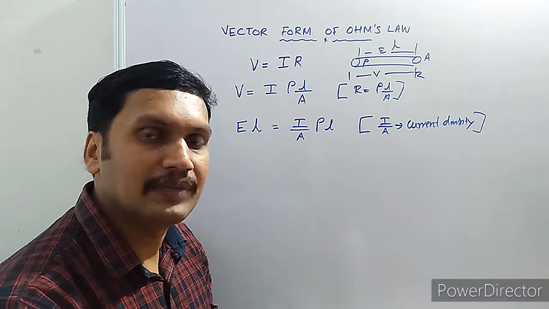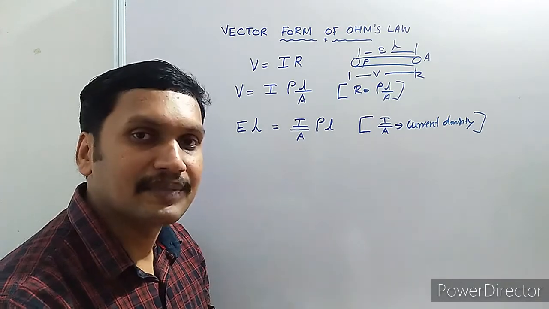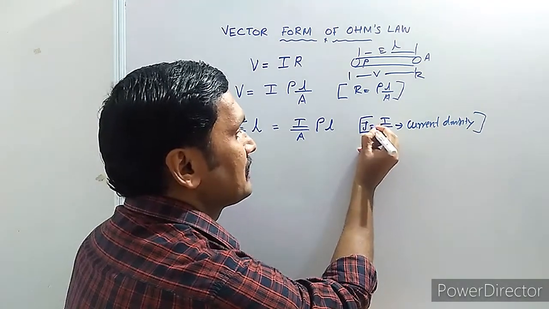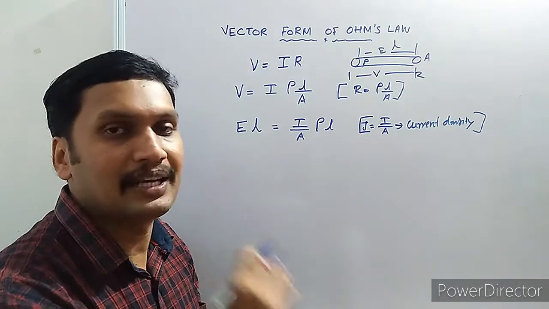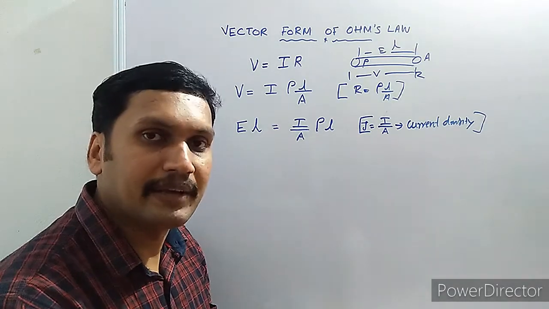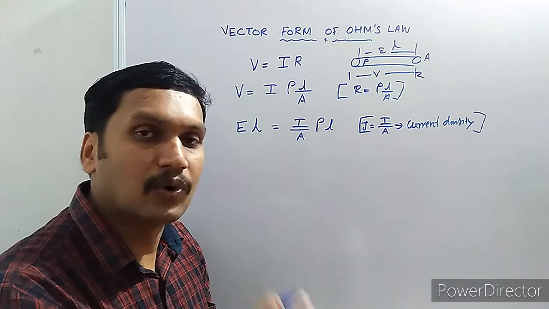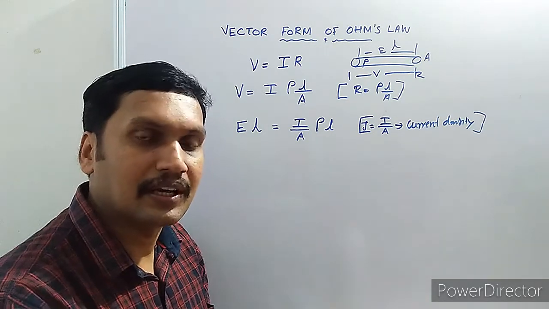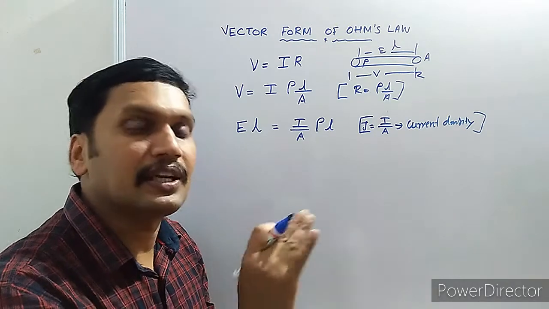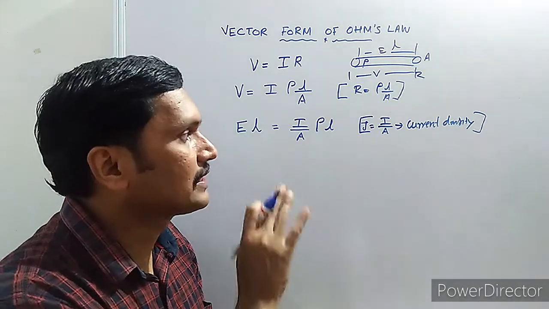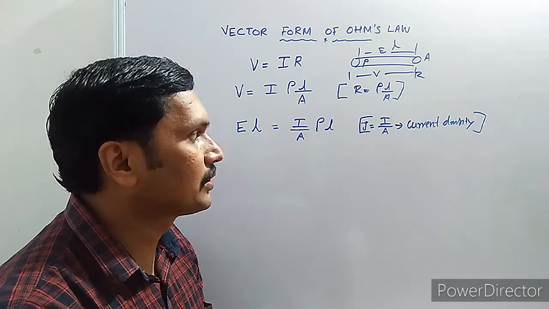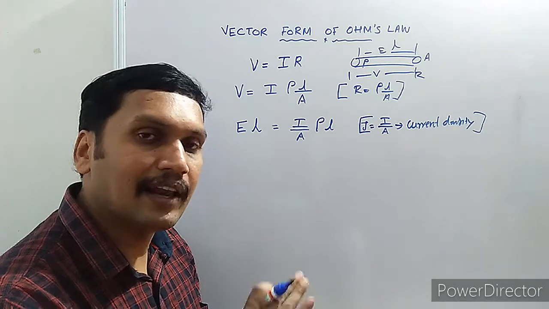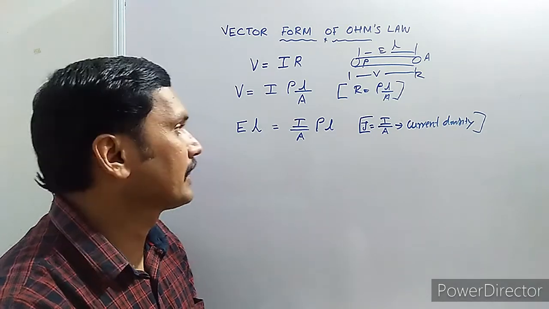It is a vector quantity and its direction is along the direction of conventional current, and it is denoted by the symbol J. J is equal to I by A.